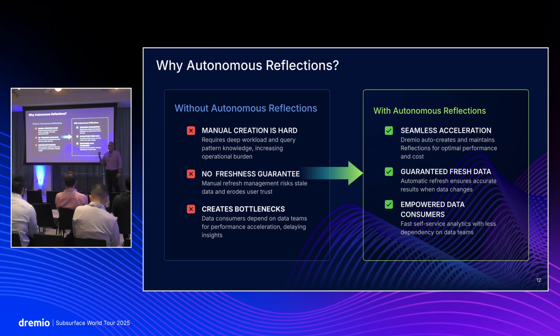So that guarantees that we are never going to give you stale data from autonomous reflections, but we are only going to accelerate whenever possible. The last but not the least is that now the consumers don't depend on the teams that are managing performance to create reflections, because Dremio is creating reflections based on the user workloads.